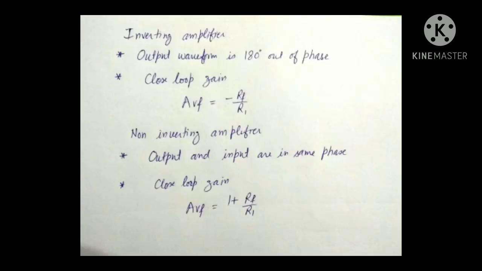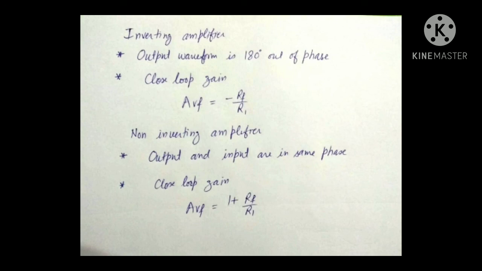So let us summarize what we have learned. In the case of an inverting amplifier, the output waveform is 180 degree out of phase, and its closed loop gain is given by AVF is equal to minus RF by R1.